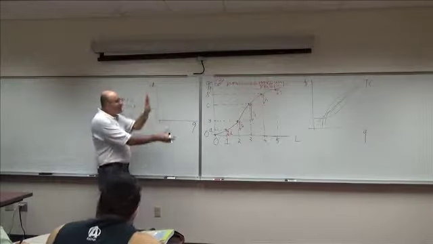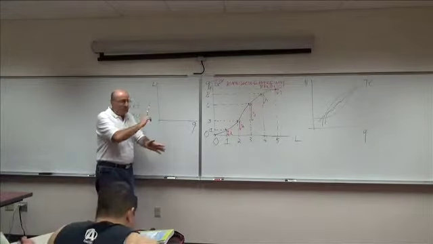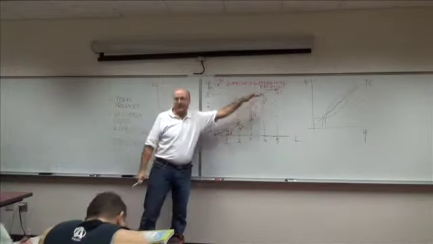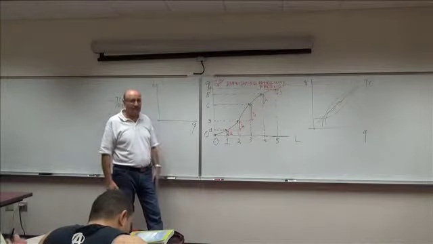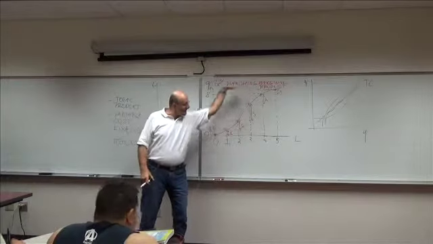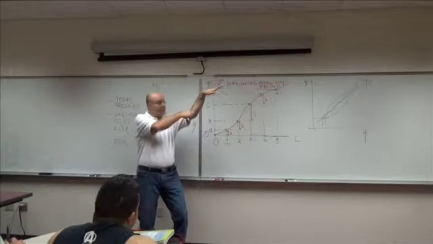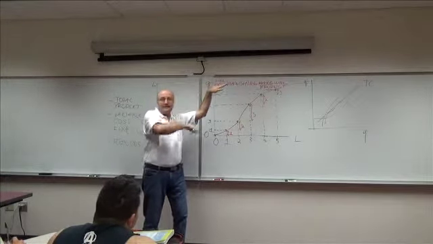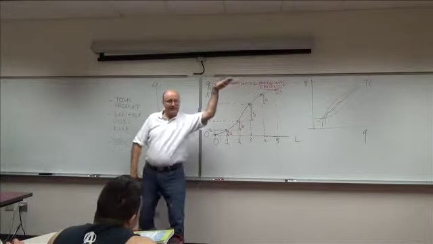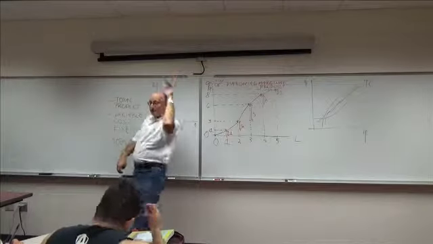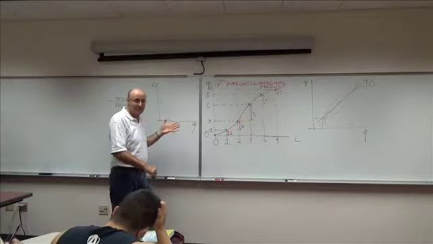Now, if I switch the axes, what do you think will happen to this snake? It will also flip. This snake first grows at an increasing rate, then at a decreasing rate. If I flip the axes, I basically take the snake and flip it like this. That's basically what's going to happen.